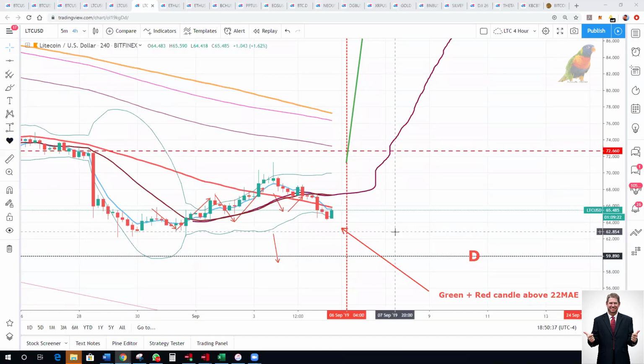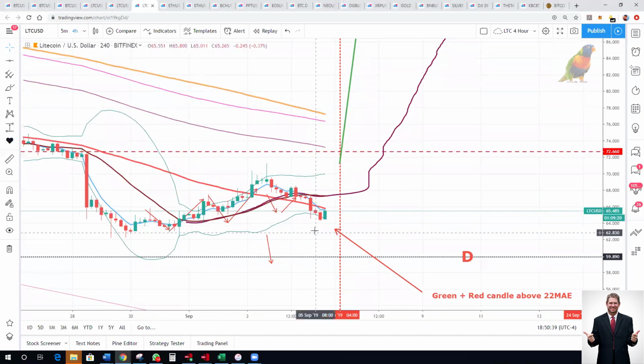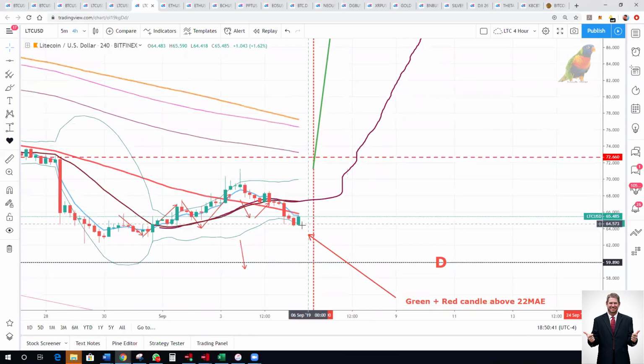Okay, so just for those people who want to trade, you're going to see that this is the low there for Litecoin. But you're going to have another low, probably here at around 6, in the next probably 24 to 48 hours.